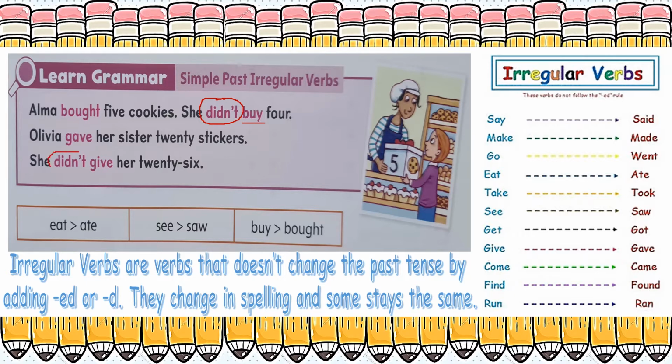Another here, because we have the word didn't, then we still use the present form give. Buy in the present tense, in the past tense, it's bought. Give in the present tense, in the past tense, it's gave. But because of the word didn't, correct, it's still in its present tense form. Very good.